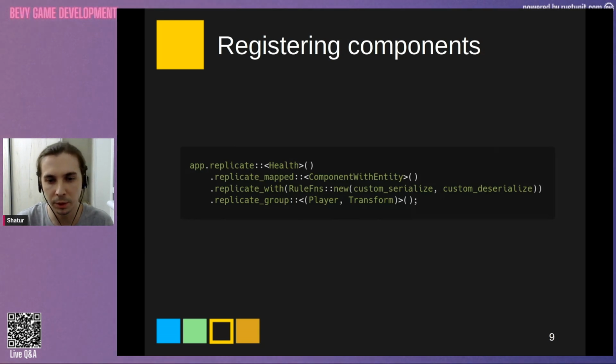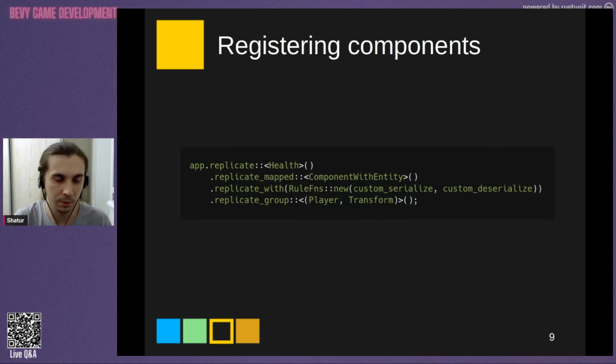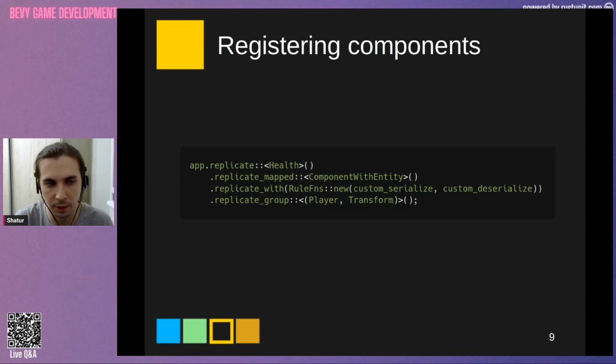But we already have a built-in trait for it. So we just utilize that and have a special method called replicate_mapped, which accepts a component with MapEntities implemented on it. This way, entities inside it will be mapped automatically.